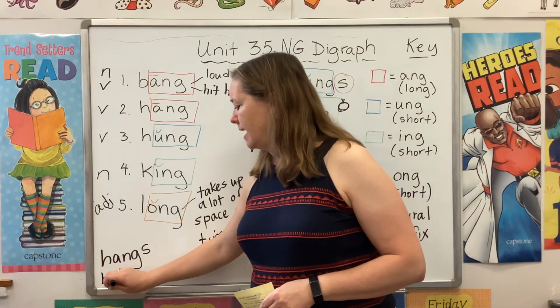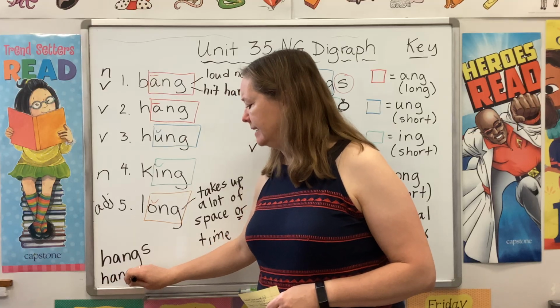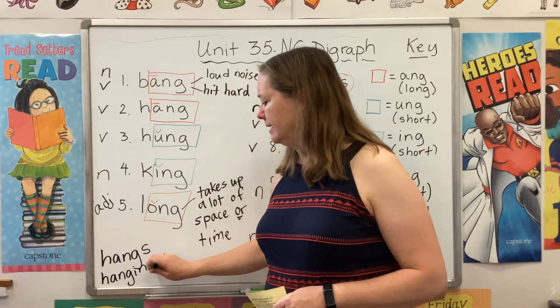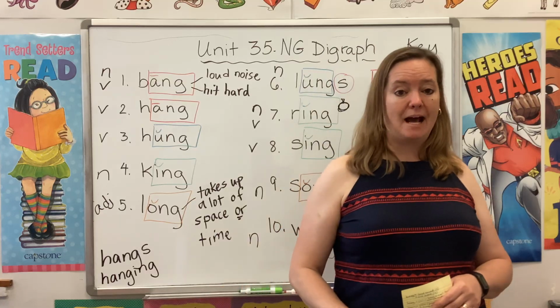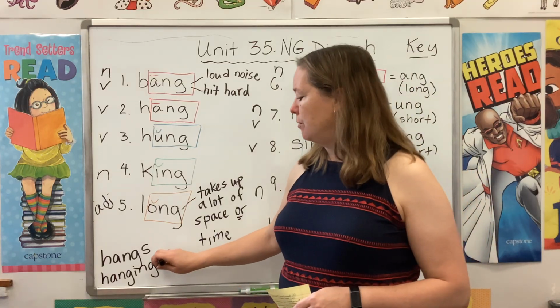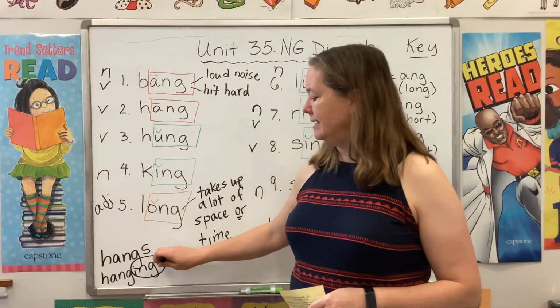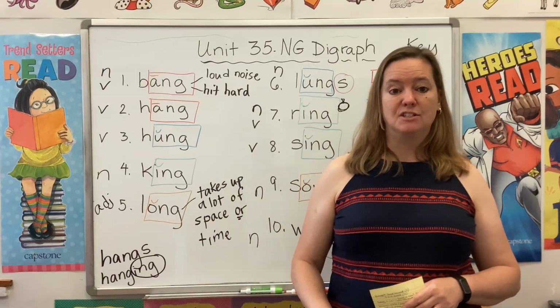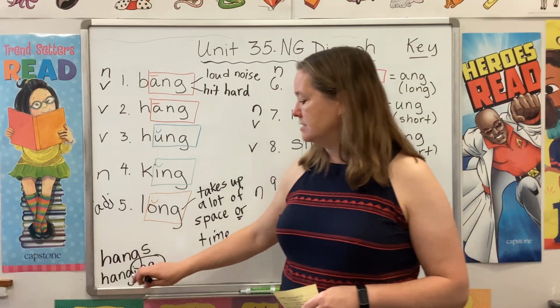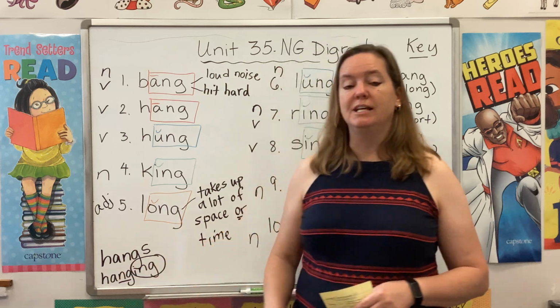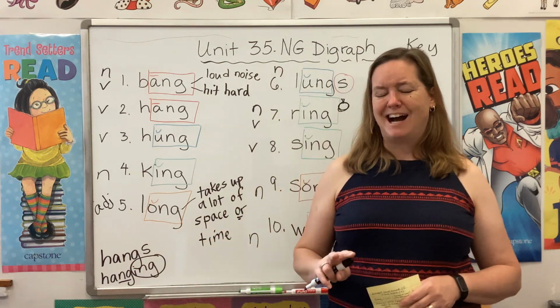Or I could add an ing suffix, hanging. I am hanging up my coat right now. What I want you to notice is that when I add a vowel suffix like ing, I don't have to do any doubling because that ng is 2 consonants.